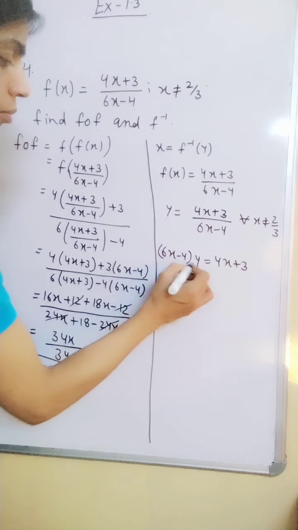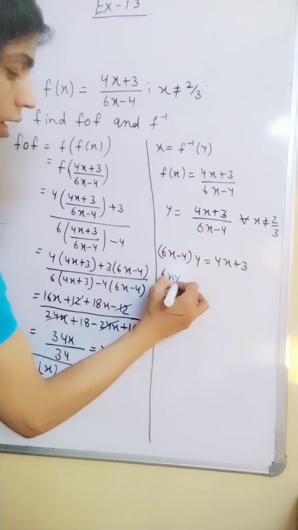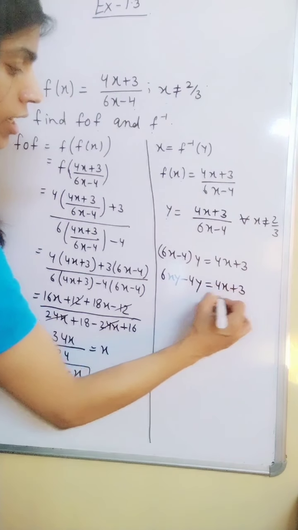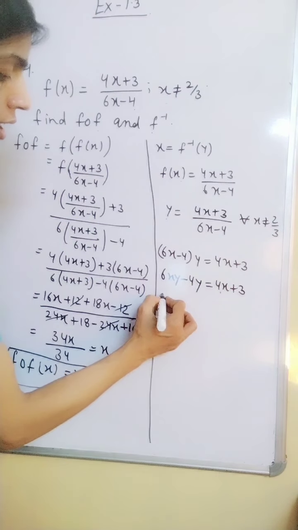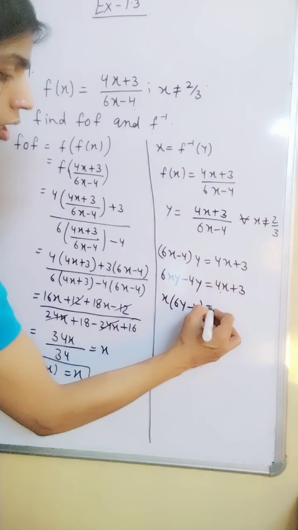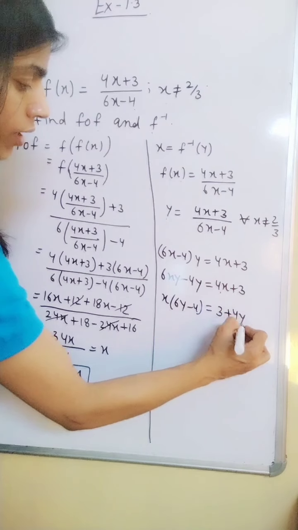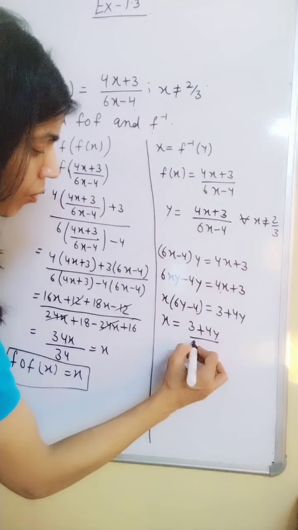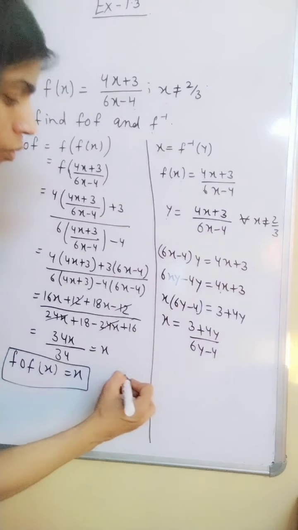Now multiplying this, 6xy - 4y = 4x + 3. Now take this term to this side and take x as common, then we will get x(6y - 4) = 3 + 4y. So x = (3 + 4y)/(6y - 4), right?